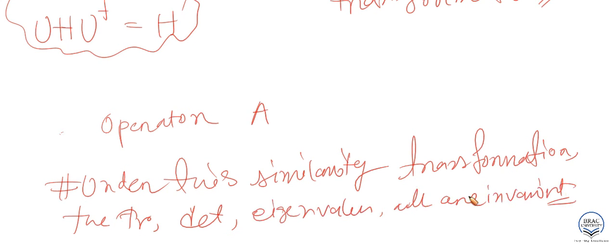And what does that mean? That means the trace, the determinant, the eigenvalues, all of them are not dependent on the basis. So that's why they are important to us in physics, and that's why we say the physics is invariant under a similarity transformation.